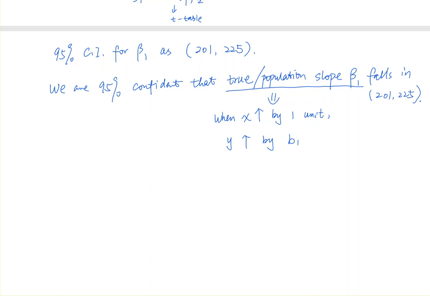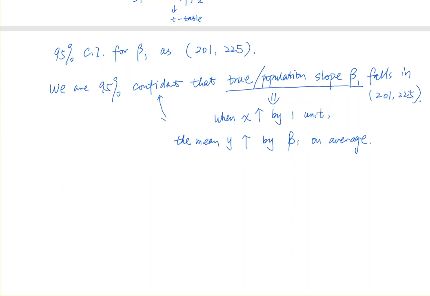It will be the same idea, but now we are all focused on the population. So we say when x increases by 1 unit, the mean value of y will increase by beta 1 on average, right?